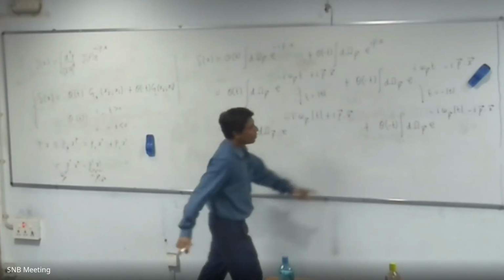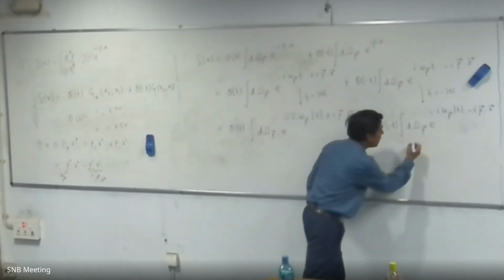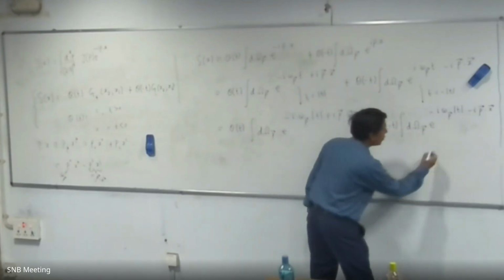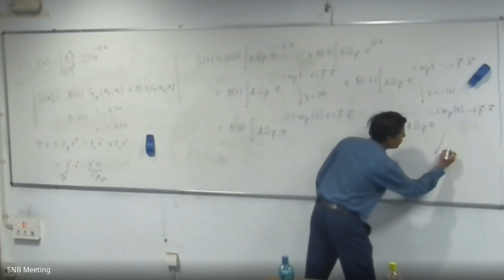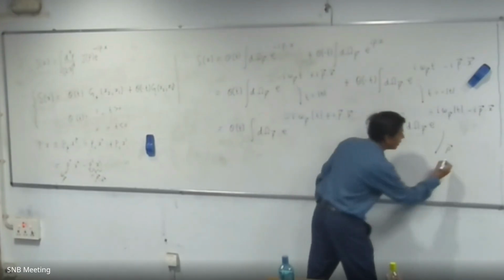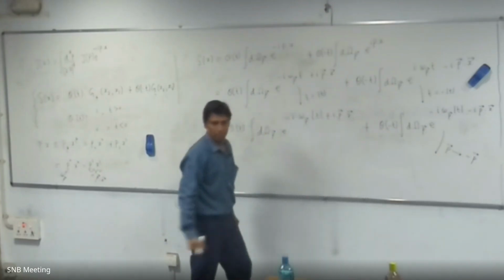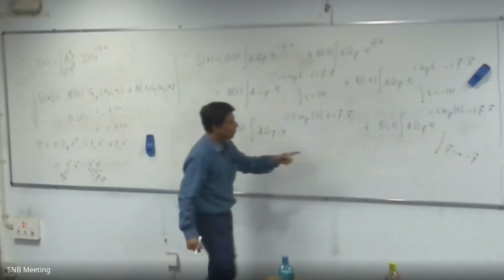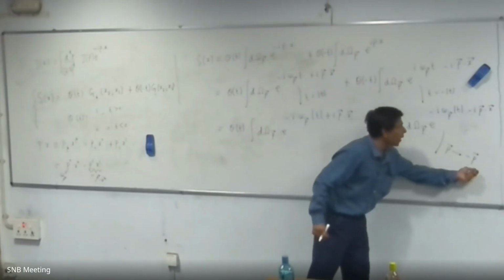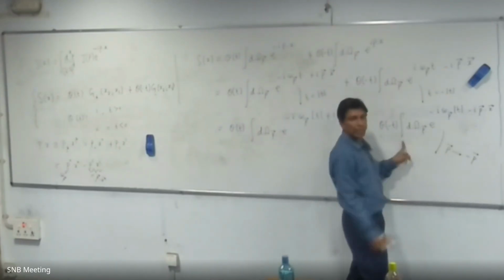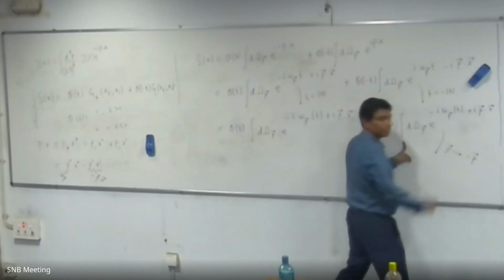So now just look at this term. You remember, this is d cube p. So what you can do is replace p. Now I'm replacing, not equating. I replace p by minus p. I make a change of variables. If you make a change of variable from p vector going to minus p vector, what happens to this integral? This becomes plus.